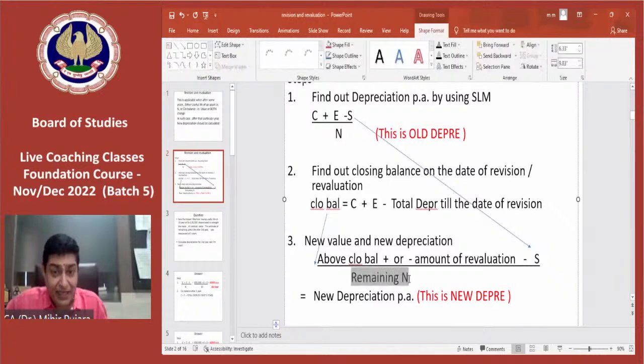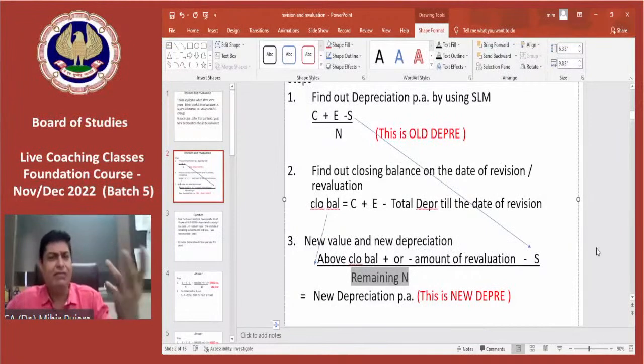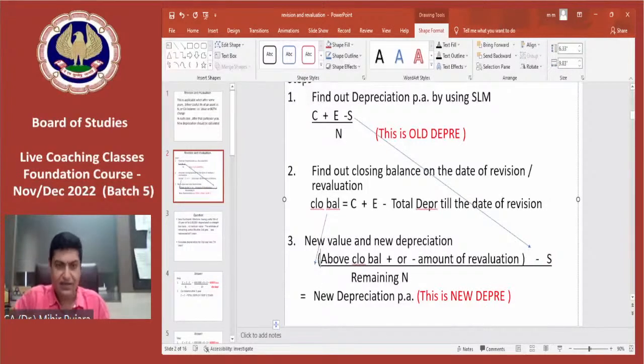Divided by remaining N, naturally, the remaining years. So this closing balance plus or minus amount of revaluation, minus S, divided by remaining N, and this is the new depreciation.